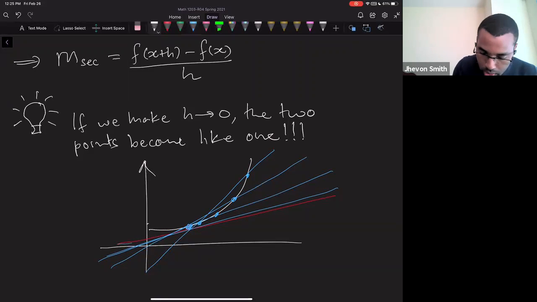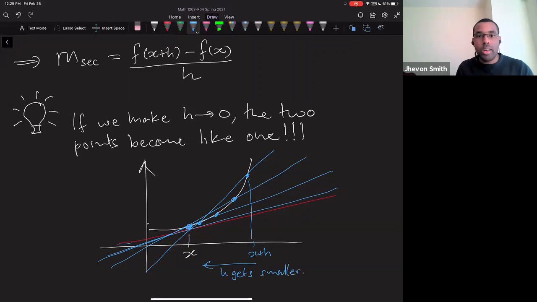So here is x, and here is x plus h, but my h is getting smaller. And you'll notice that the blue line changes over time to fit to the red line.